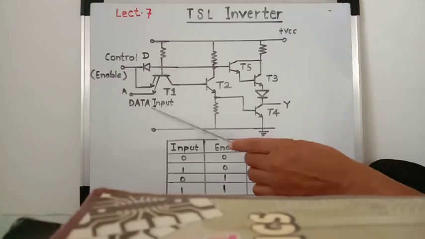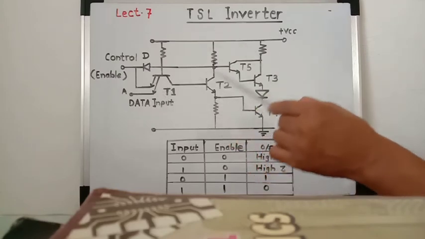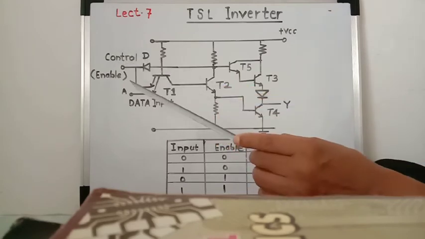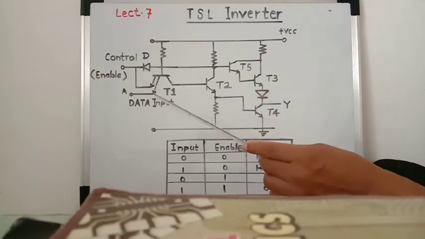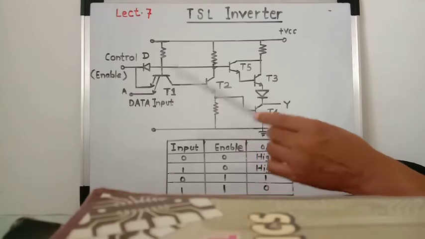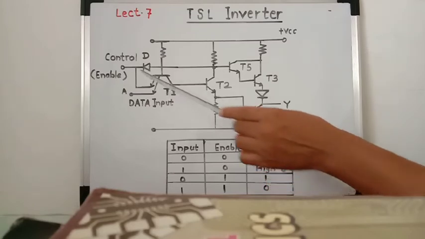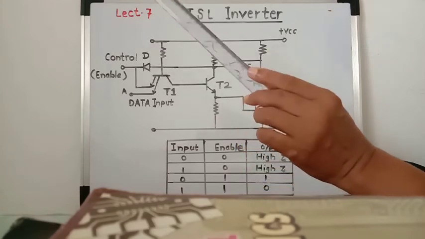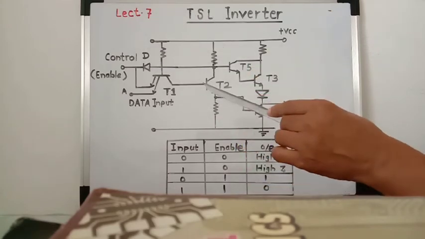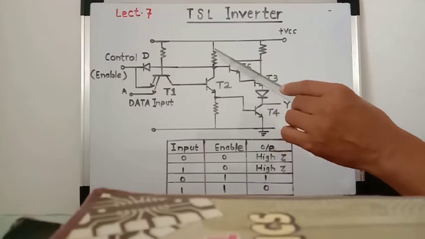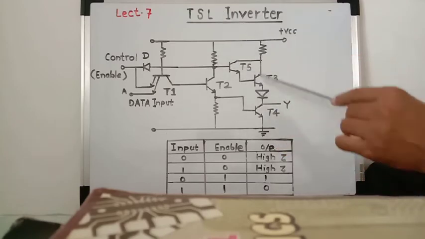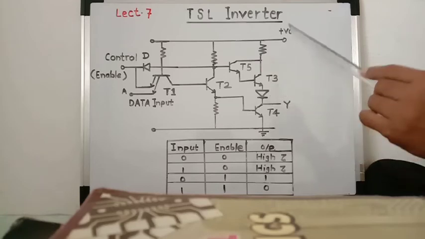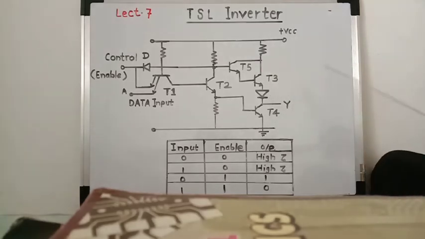Data input is accepted by this TSL inverter only when the enable input goes high. Otherwise, the TSL inverter remains off or inactive, and its output is in the high impedance or floating state.